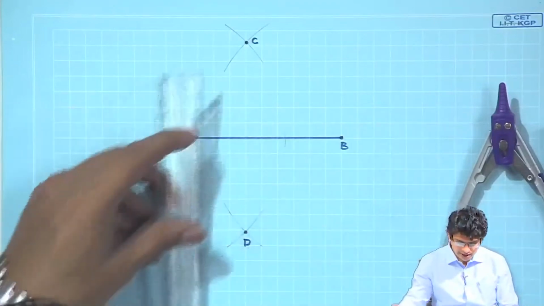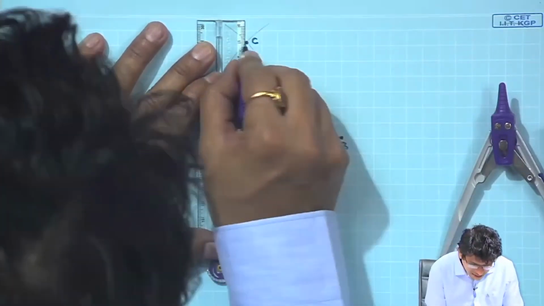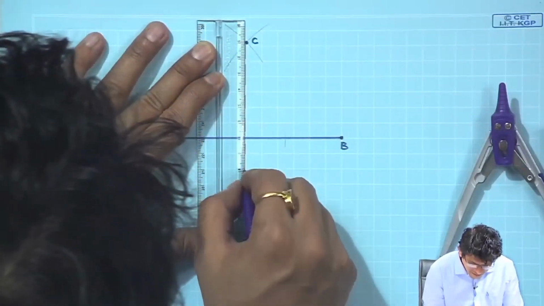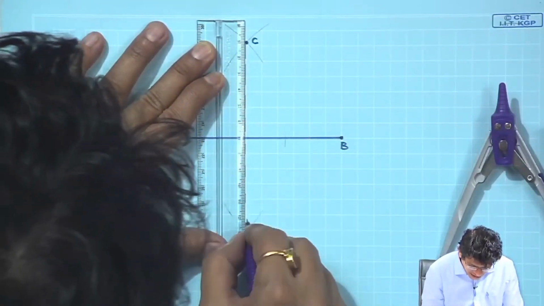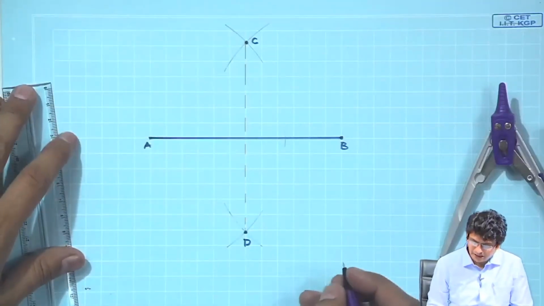Now, join these points C and D. These are more like construction lines, very light lines.